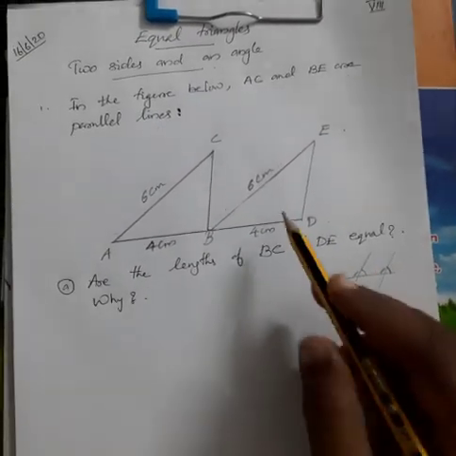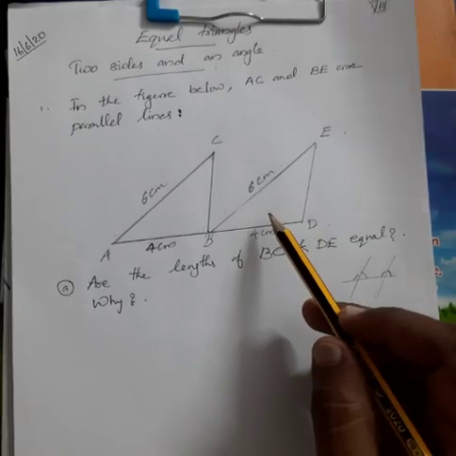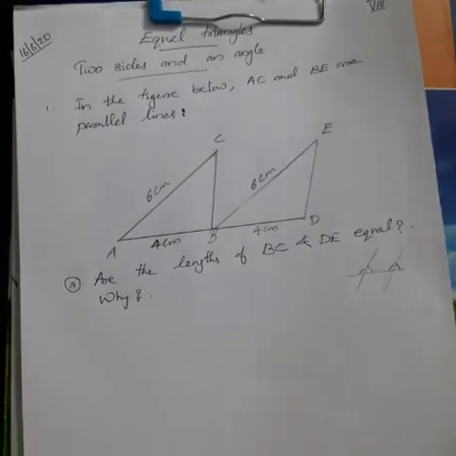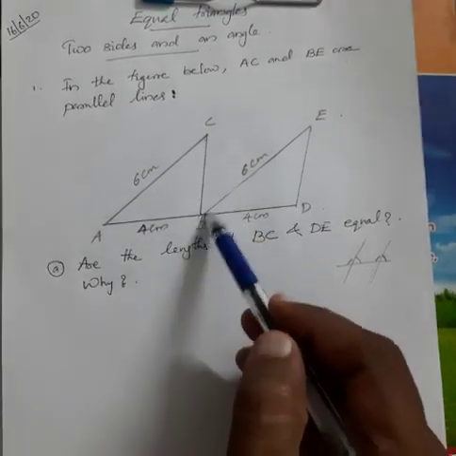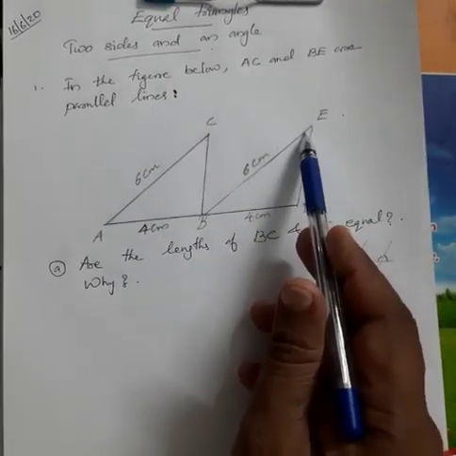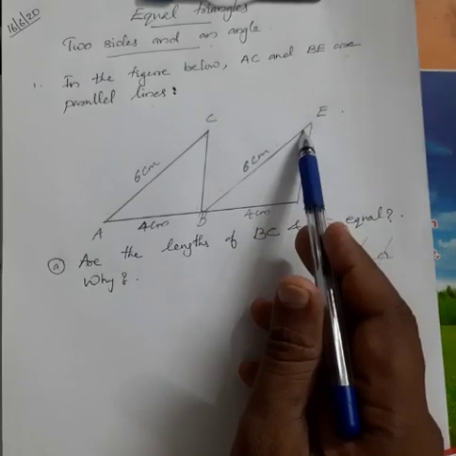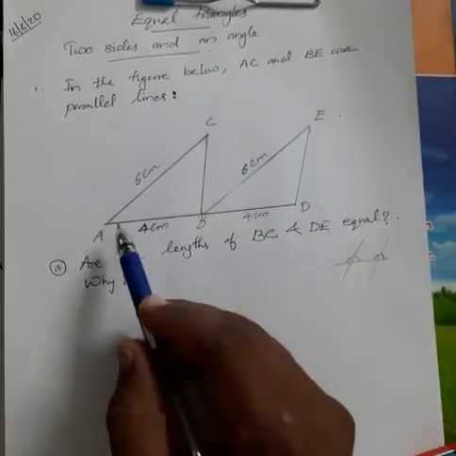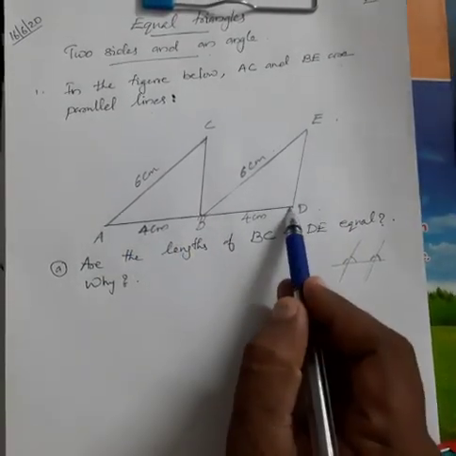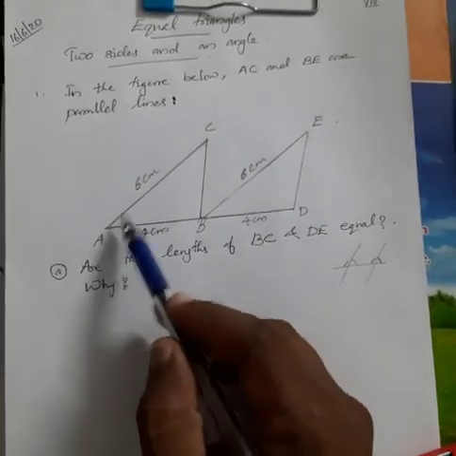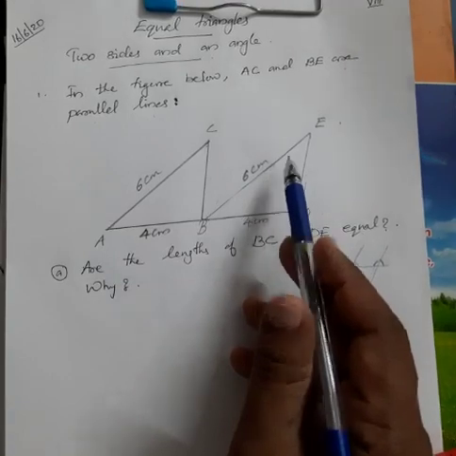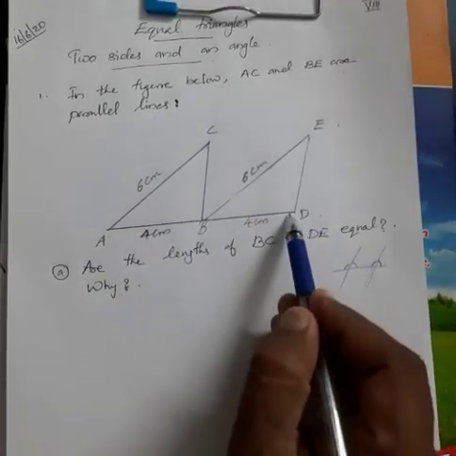So using this method you have to find out this question. Here AC and BE are two parallel lines crossed by the line AD.